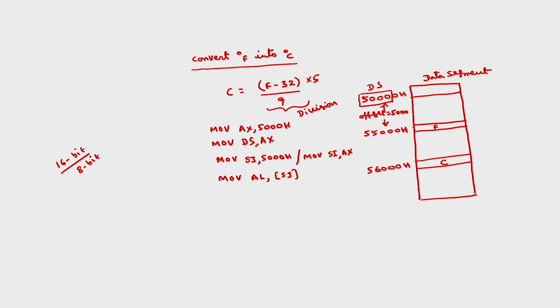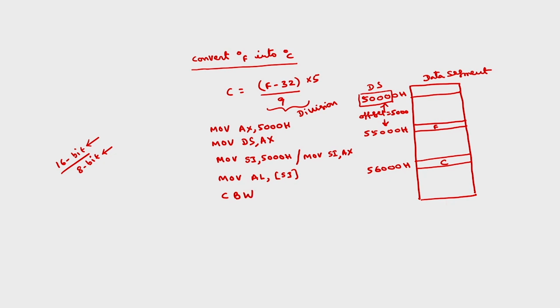But here this Fahrenheit value is only 8 bit. So the numerator should be 16 bit, and the denominator can be 8 bit. So before subtracting the 32, what I will do is I will convert byte into word.